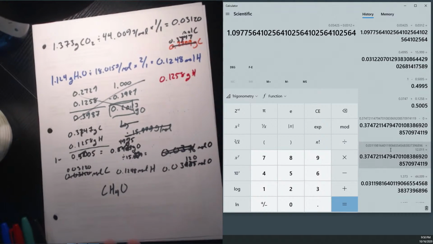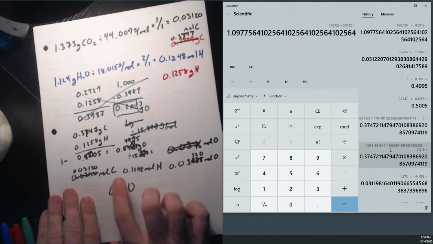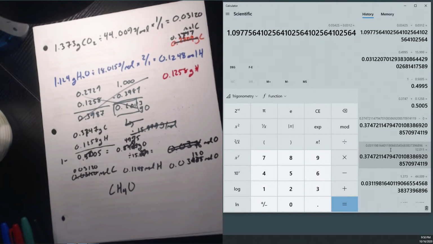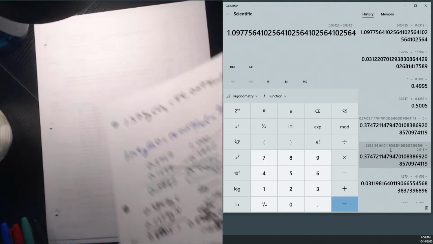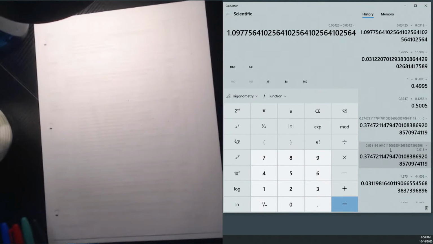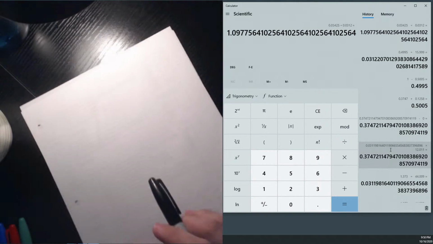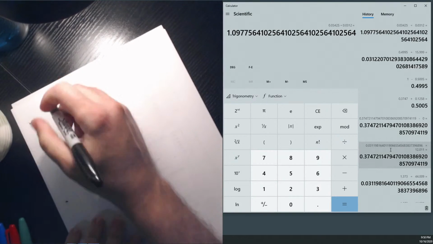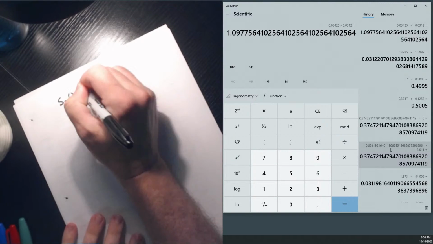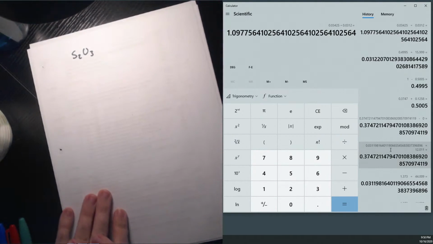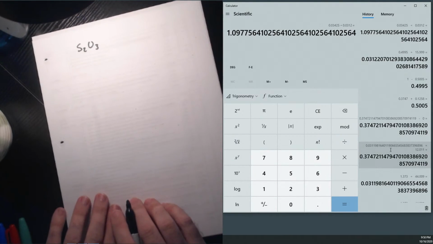Because you don't always get a 1 to 2 or a 1 to 3 or a 1 to 4 ratio. It's possible to get other ratios. And this is as good a time as any to discuss that, because what if you were looking at S2O3? That's a perfectly feasible sort of compound.